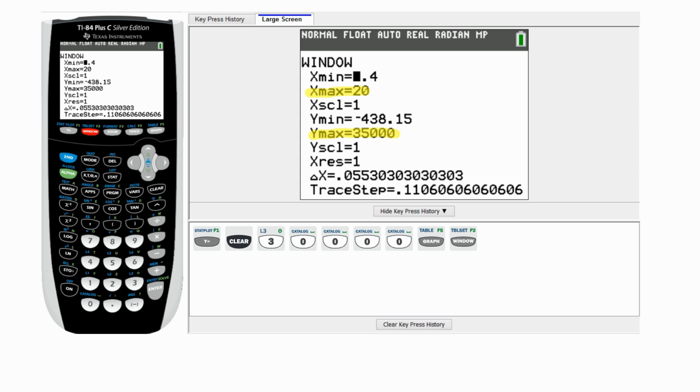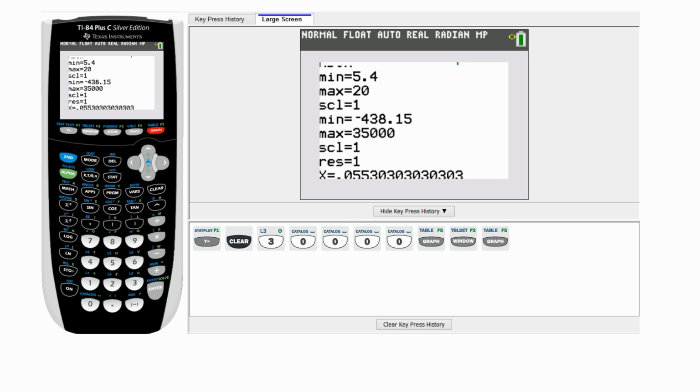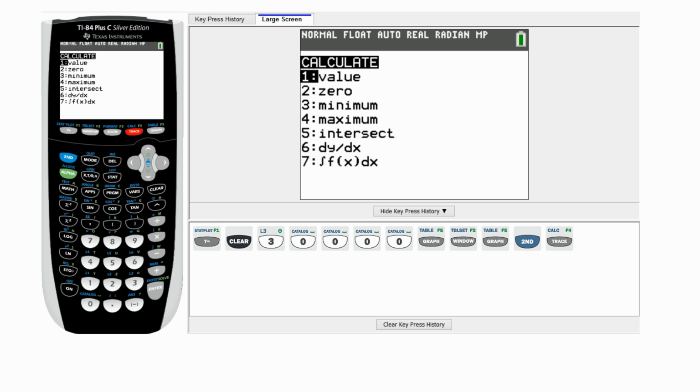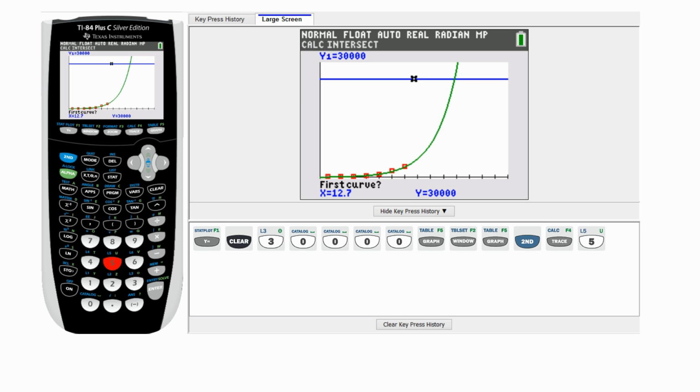In order to use intersect, we have to see where the two lines cross on the calculator screen. Using that max for your x and for your y should allow you to see where they cross. Intersect is in the Calc menu. Second, Trace. Intersect is 5. I can just press Enter 3 times.